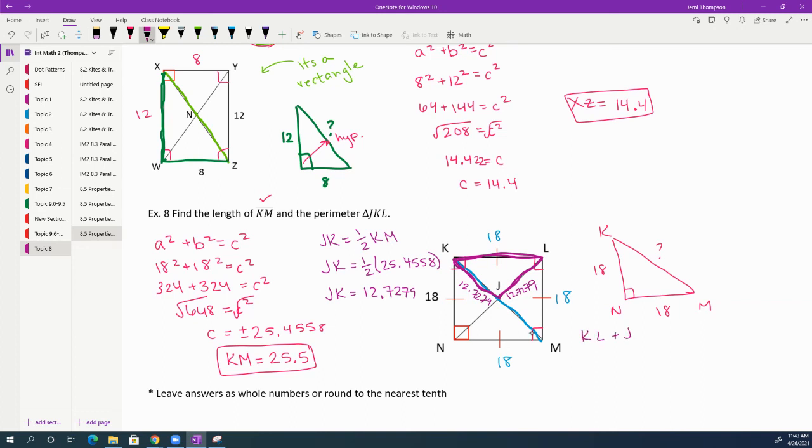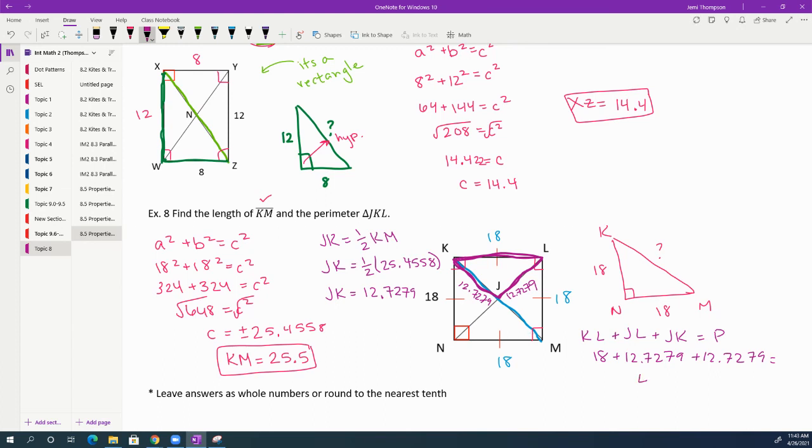So then when I add those up, let's see, I've got KL plus JL plus JK, right? Should be the perimeter. 18 plus 12.7279 plus 12.7279. That's the sound you're hearing, me punching it into the calculator. Maybe you can hear it, maybe you can't.